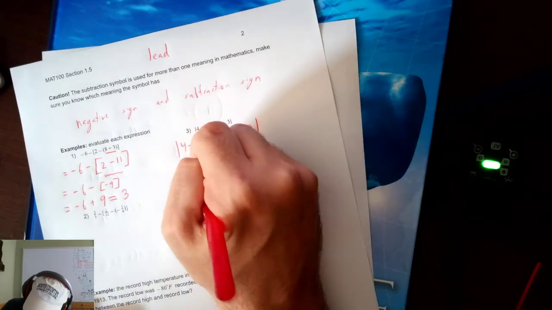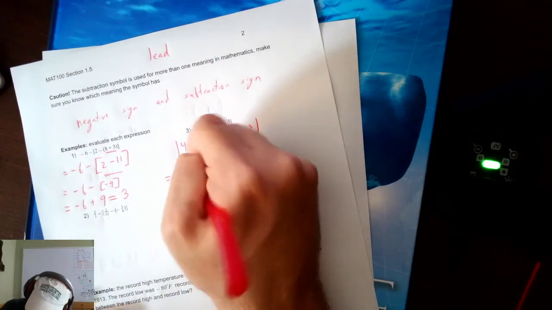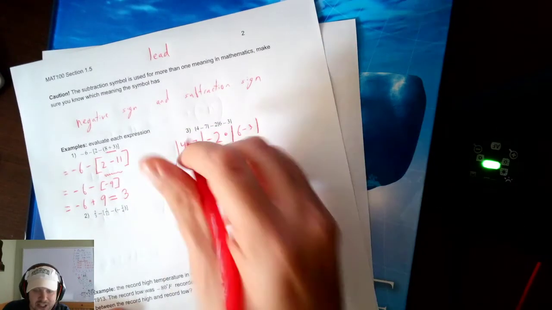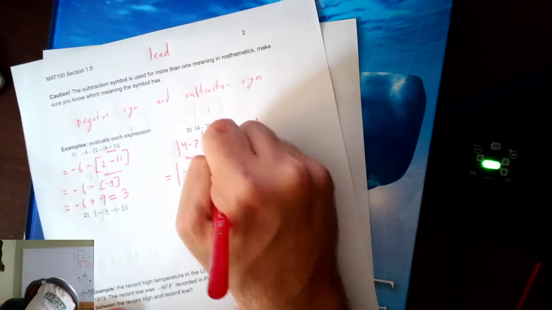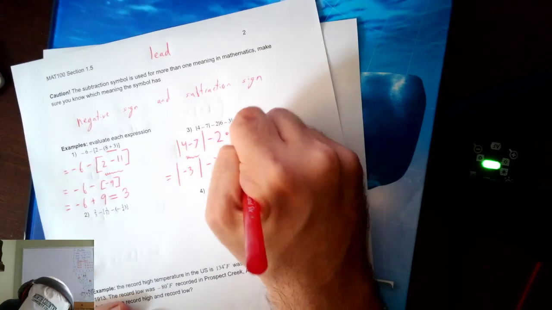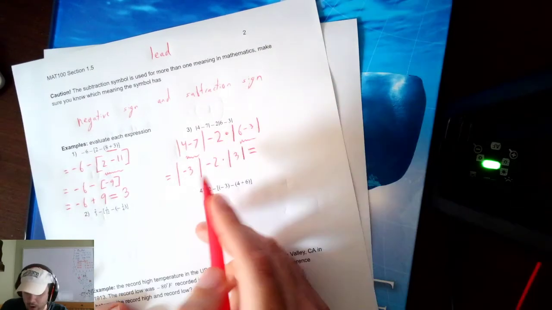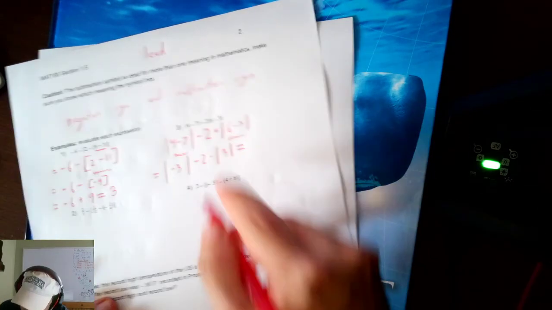Once again, we've got to work in our groups first, right? 4 minus 7, hopefully we can agree that that should be negative 3. Minus 2 times 6 minus 3 is positive 3. Now, I've sorted out what was going on in my absolute value signs. Now I can calculate.